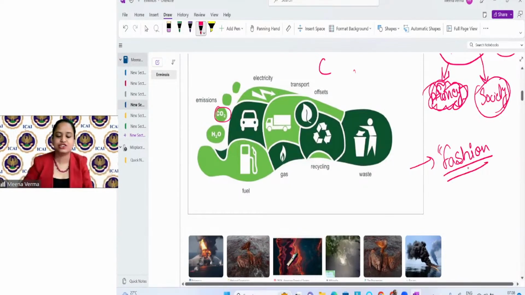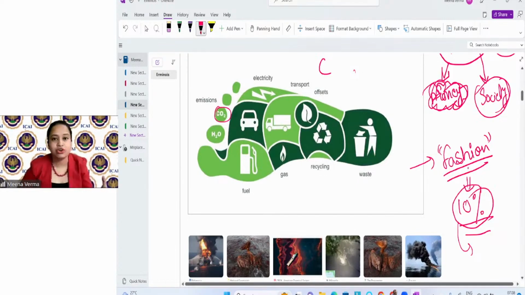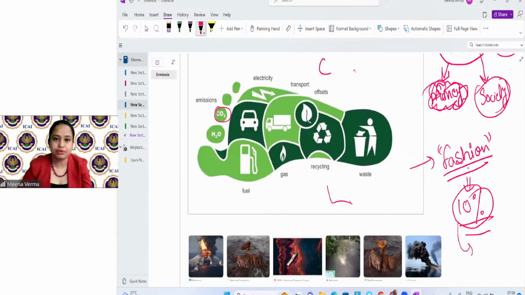These clothing industries are actually responsible for 10% of global warming. So what I have heard is that we should try to reuse clothes as much as possible. It is responsible for 10% of global warming. Can you imagine?